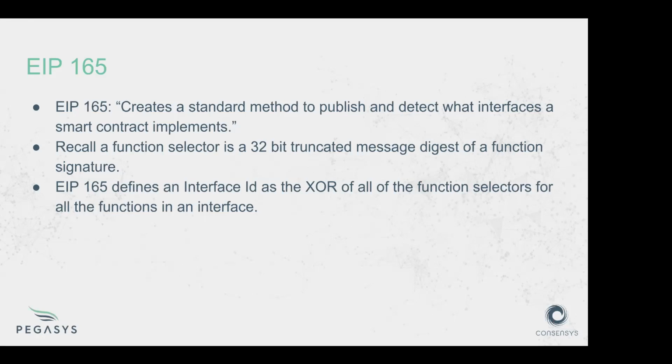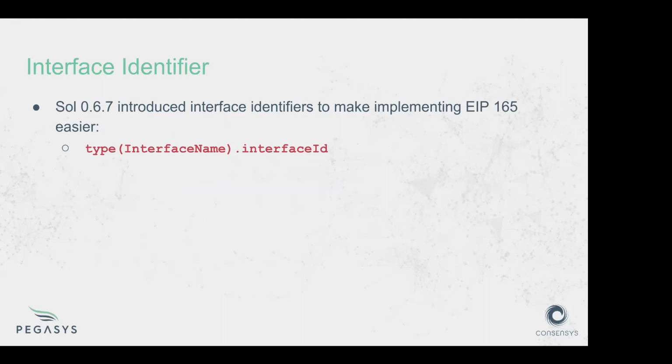So it's trying to, in just 32 bits or 4 bytes, define all of the functions that exist in an interface. And to help implement EIP 165, a type ID, or interface ID, should I say, has been defined. So you can use type brackets, the name of the interface, dot interfaceId to come up with that value that's needed for EIP 165.